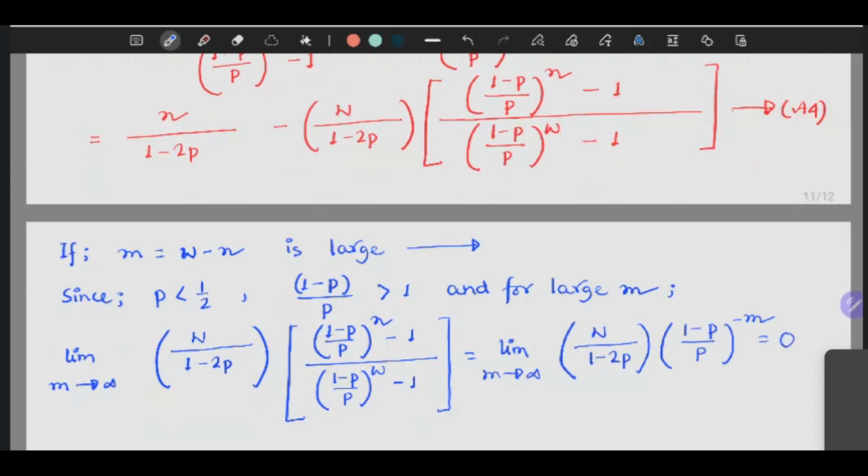Why 0? Because m tends to infinity means this term, this is constant, so this term sort of goes to 0, right?